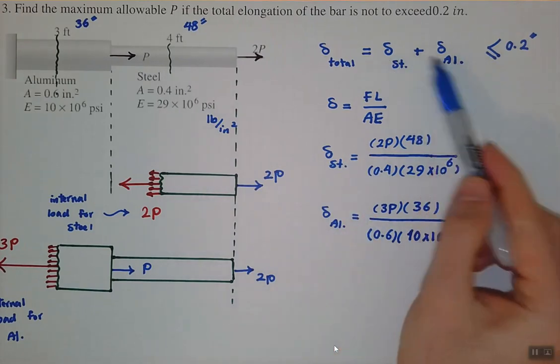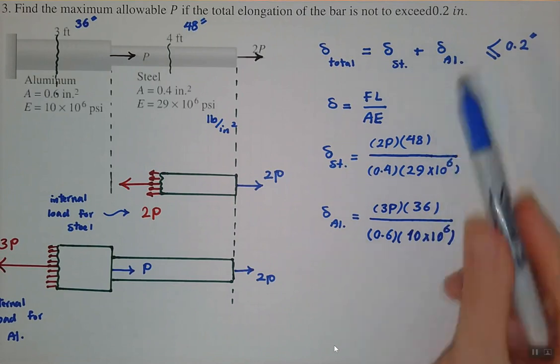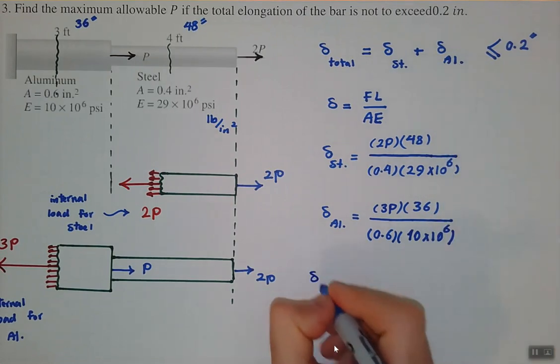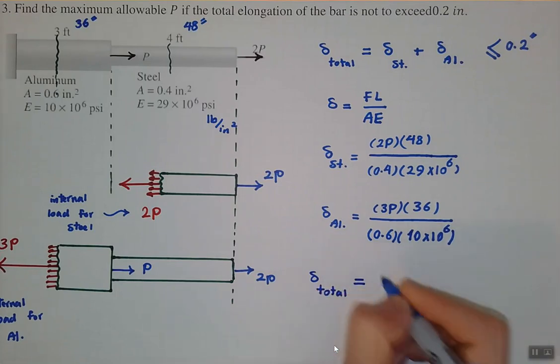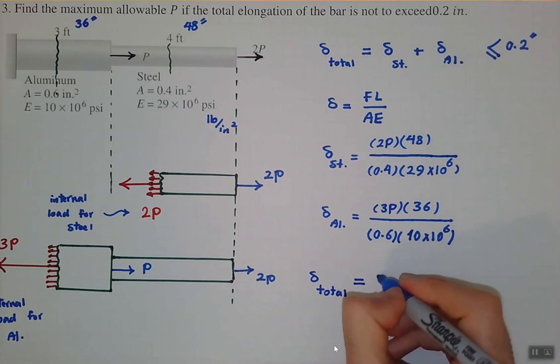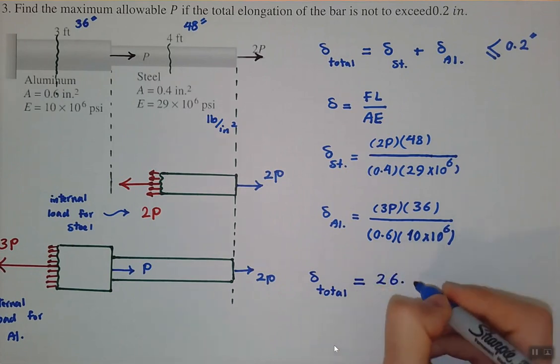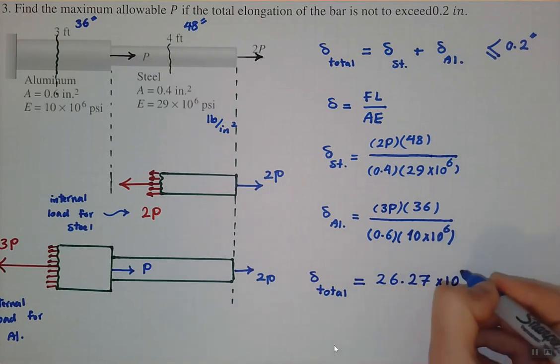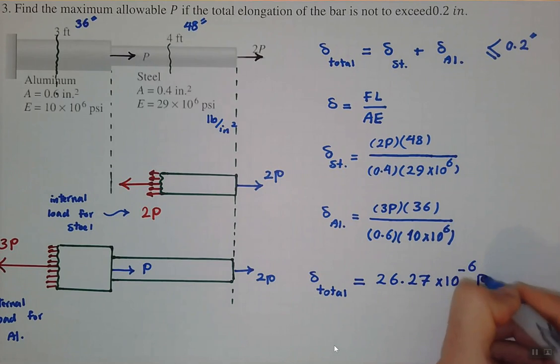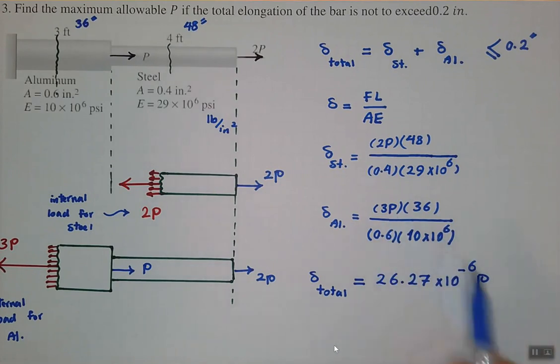We plug in these two into delta total, and we simplify this number, we will get 26.27 multiplied by 10 to the power of minus 6 P. Remember, P is unknown, right? P is unknown.